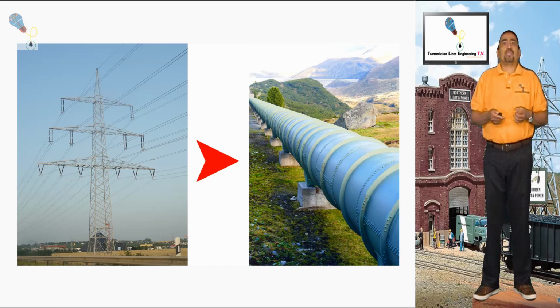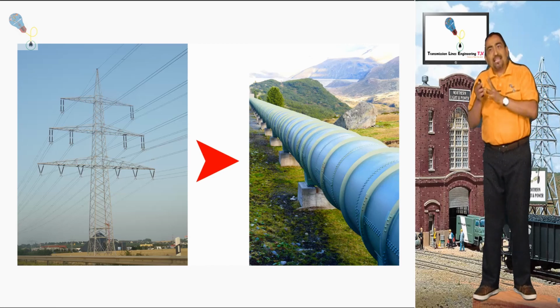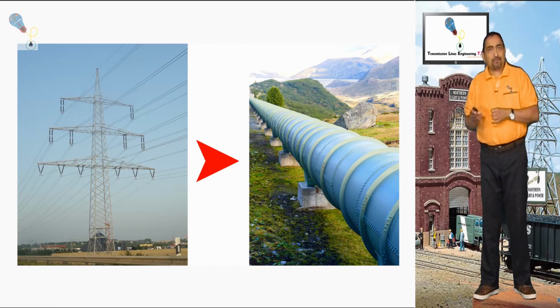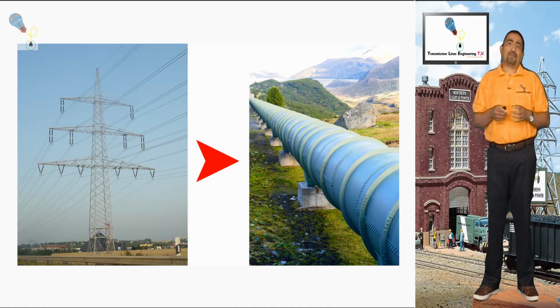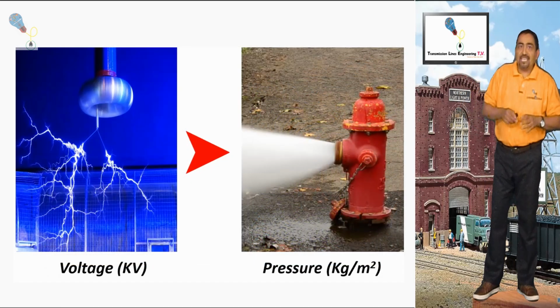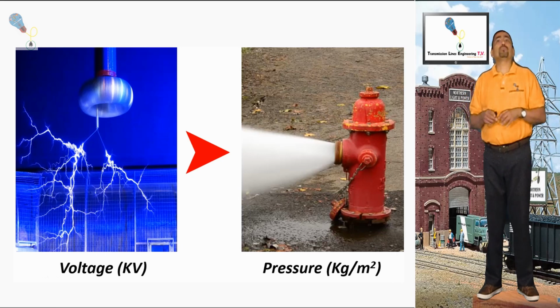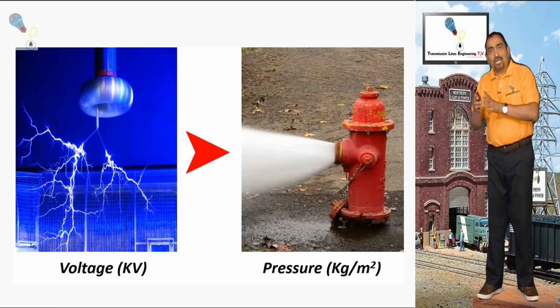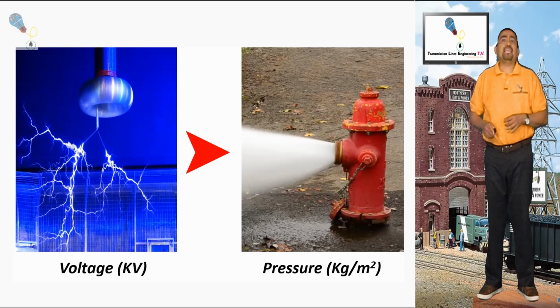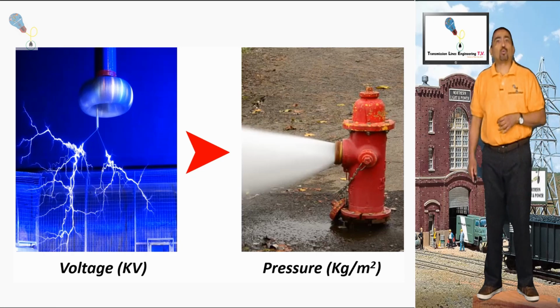First, we will make the analogy between the terms. The first one, voltage in kVs, is going to be equal to the pressure in the pipeline in kilograms per square meter.